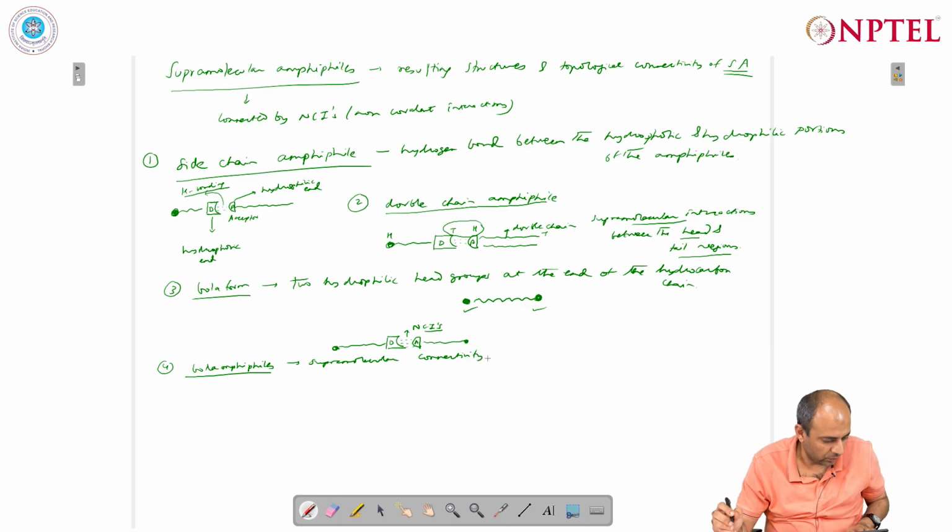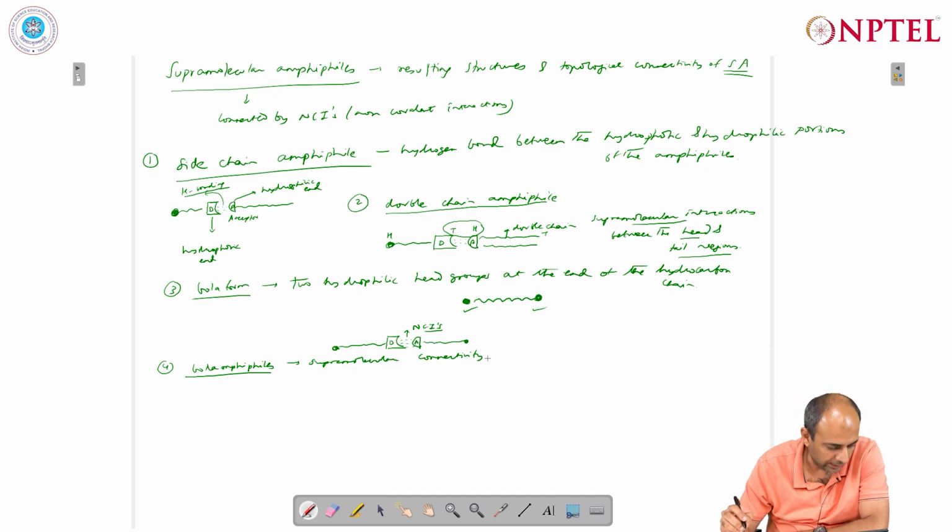And so, this is referred to as a Bola amphiphile, where you have got supramolecular connectivity and the two amphiphiles are connected by supramolecular linking arrangement. For example, we can have, this is the polar part, we have the acceptor, we have the donor, and then we have another donor compartment, and this is the polar part, and there are specific interactions between the donor and the acceptor to give you the Bola amphiphile.